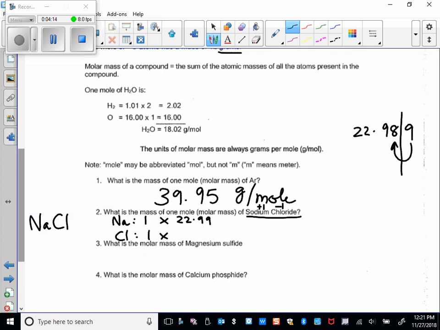Now everybody needs a calculator for this unit. If you do not have a calculator, please come borrow a calculator from my table. And please take one more and give it to somebody else who needs it at your table. Everybody needs a calculator.